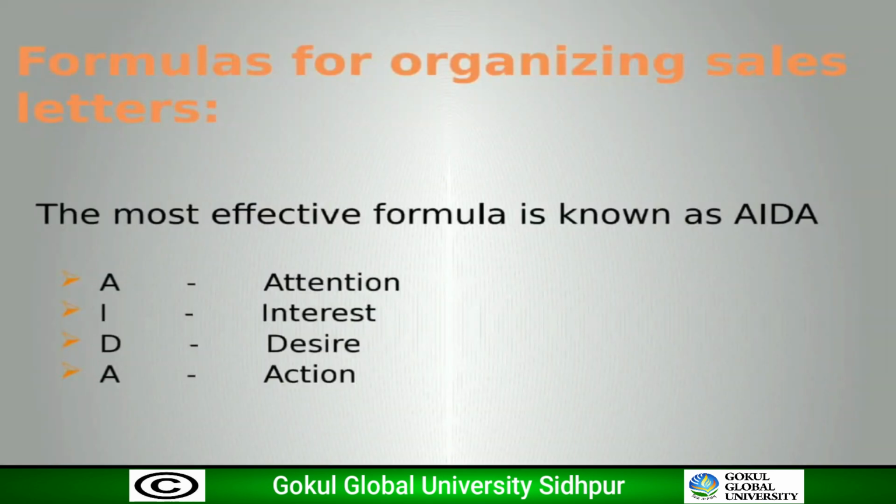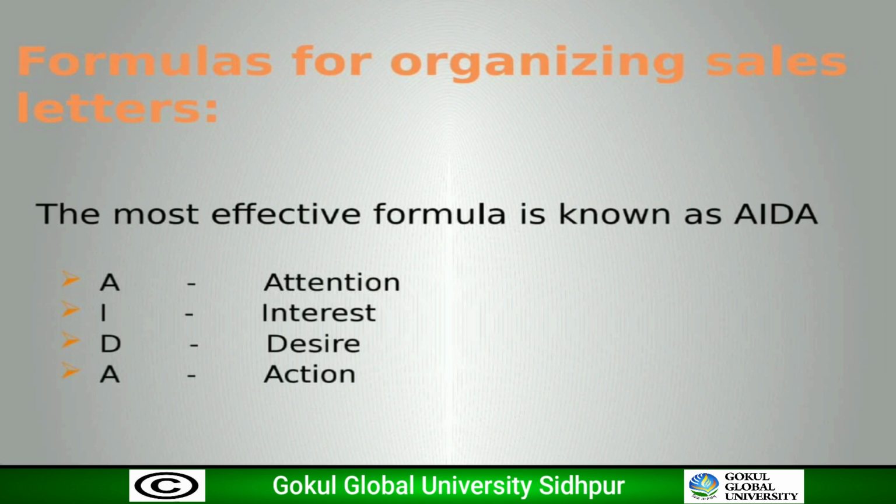This is the formula of organizing a sales letter. The most effective formula is AIDA. A stands for attention, I stands for interest, D stands for desire and A stands for action. A means attention.